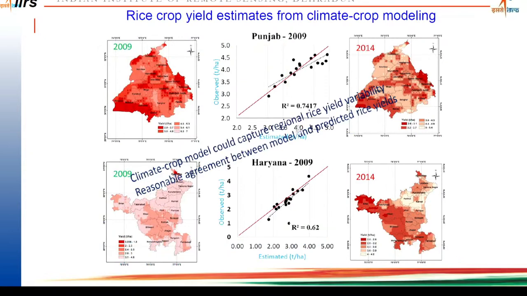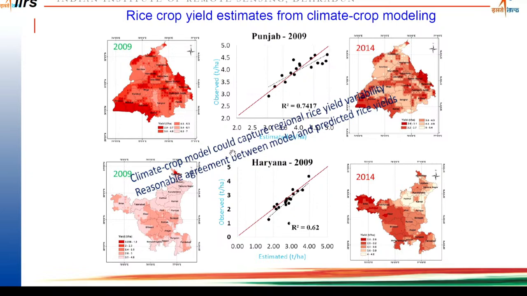You can also use it for drought forecasting. For Haryana and Punjab, here we can also see rice. This shows how well we could predict the yield of the rice crop in 2009 and 2014 with the integration of remote sensing, the climate model, particularly WRF, and the crop simulation model DSSAT rice, CERES rice. Integrating these, we could capture the best estimation of the yield of Punjab and Haryana, particularly rice.